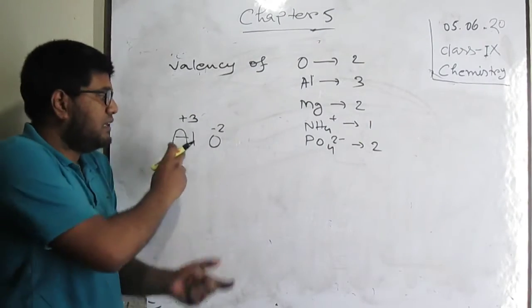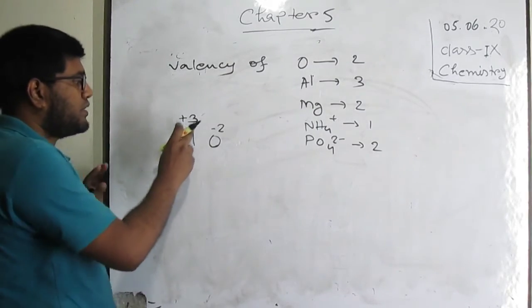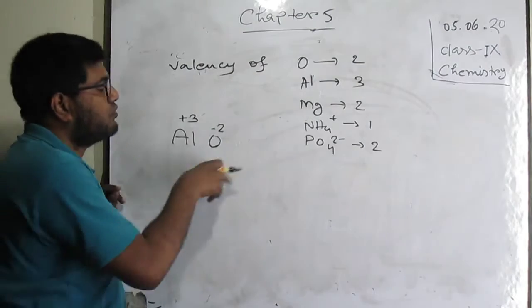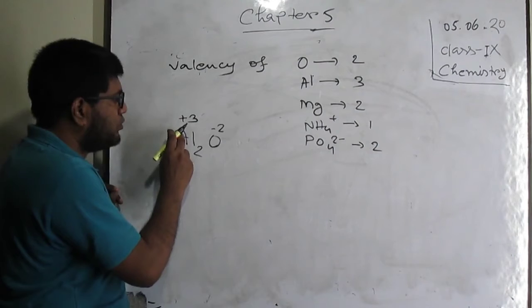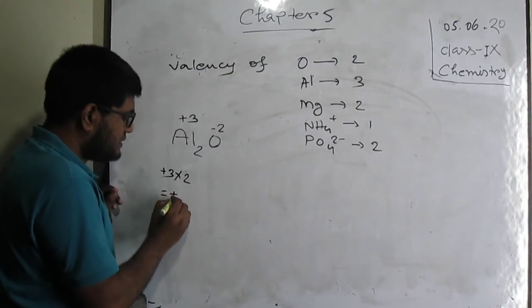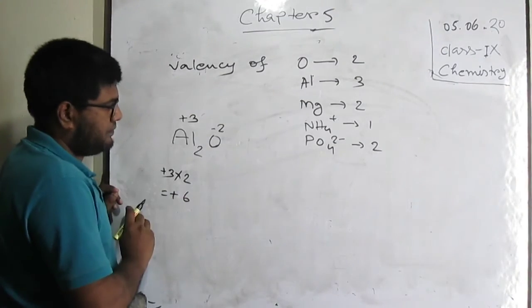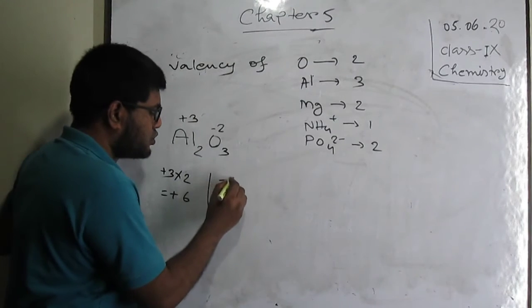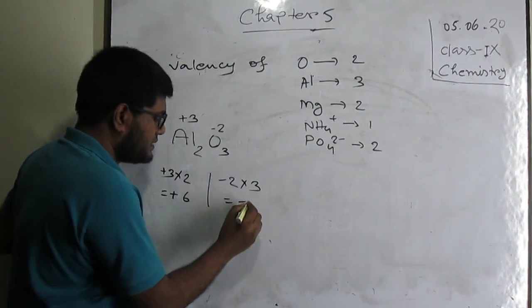What do you think, aluminum oxide this way? No, because if aluminum donates 3 electrons and oxygen accepts 2 electrons, this is not a complete formula. If I write 2 here, 1 aluminum donates 3 electrons, so 2 aluminum will donate 6 electrons. And if I write 3 here, 1 oxygen accepts 2 electrons, so 3 oxygen atoms accept 6 electrons.